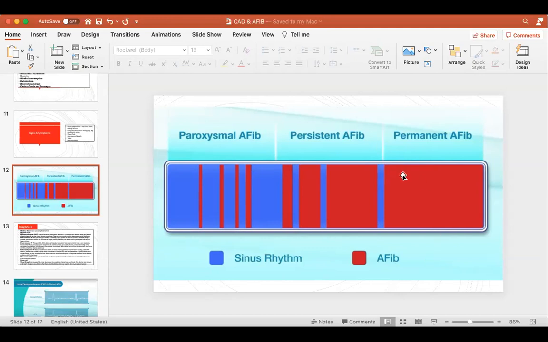The more severe case is permanent AFib, where the heart is now unable to return to normal rhythm. Without treatment, it can also cause heart remodeling, which means that AFib can change the shape and the size of the heart.